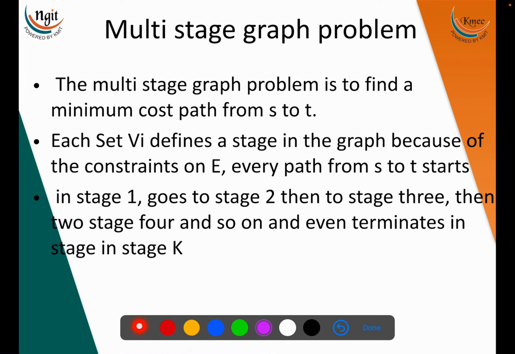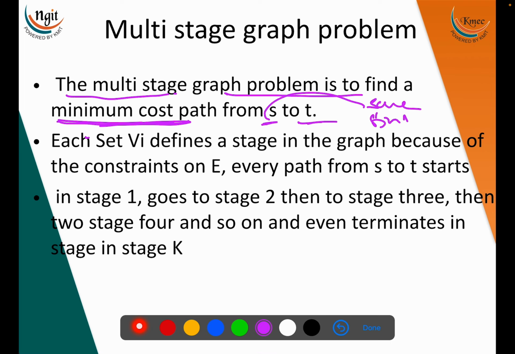Now, before we see the example, we should know how minimum cost will be calculated, right? It is very important to denote it in a formalized way. So the multi-stage graph problem is to find a minimum cost path from S to T. S is your source, T is the sink.